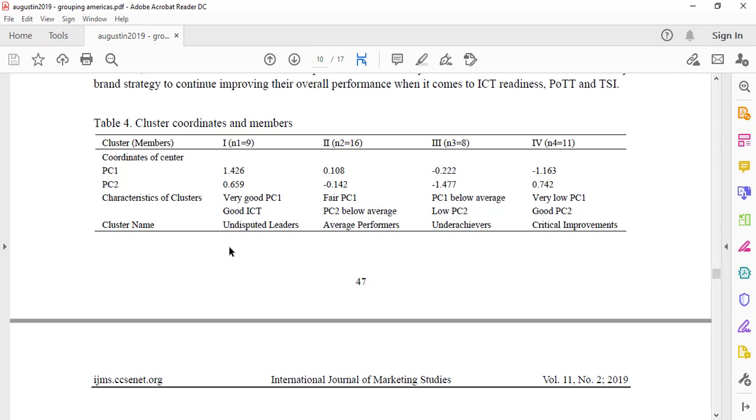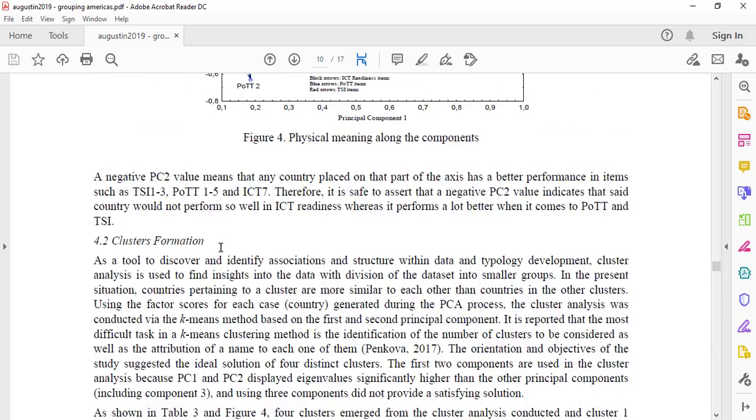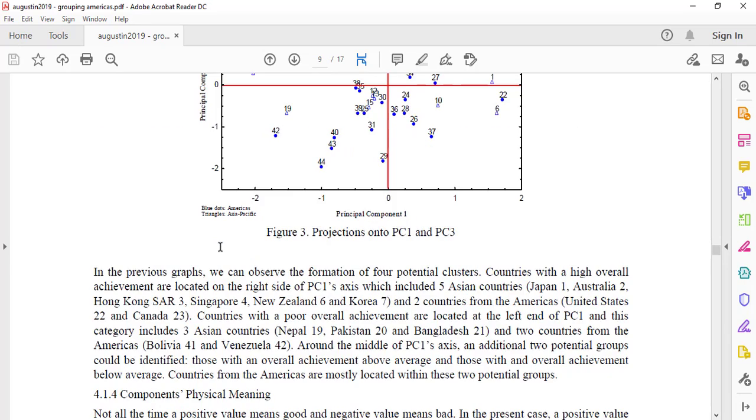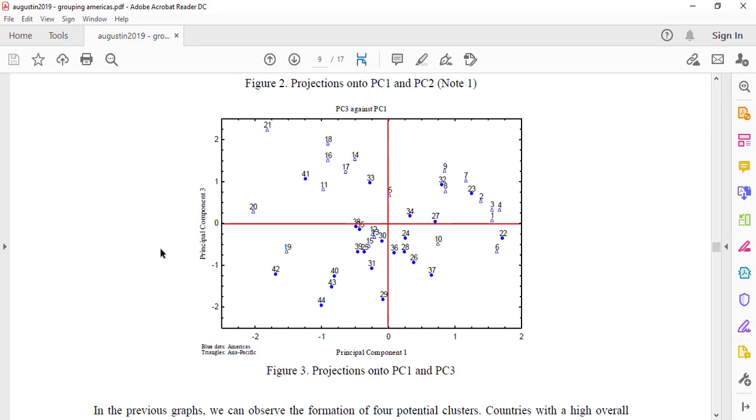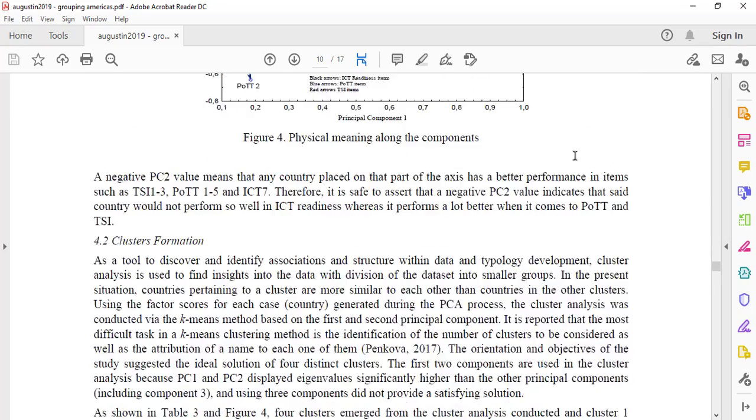Underachievers are probably countries that could have achieved a lot, but they have a low PC2 and PC1 is just below average. And Critical Improvement are countries that require everything to be improved because everything was too low.